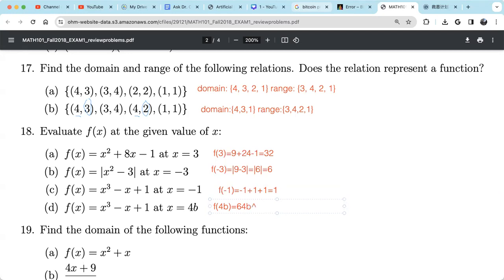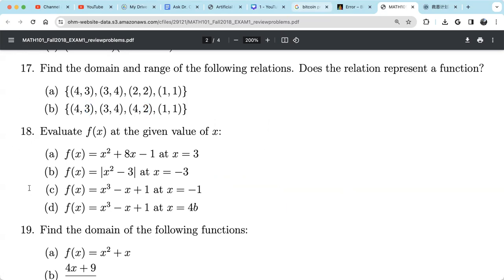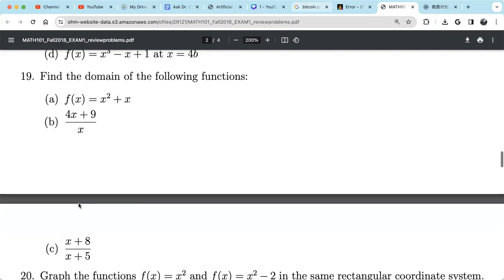Then b raised by 3 minus 4b plus 1. And that's it, because unlike terms cannot be combined. So 64b raised by 3 minus 4b plus 1. That's 18.